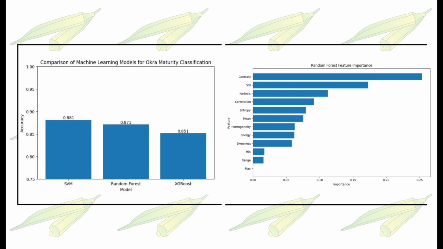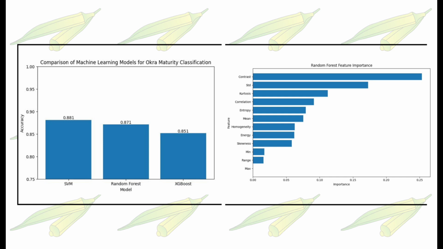Now the chart on the right is very interesting, which is the feature importance chart generated by our Random Forest model. It ranked our 12 extracted features to show us exactly which data points were the most helpful in telling the difference between matured and overripe okra.